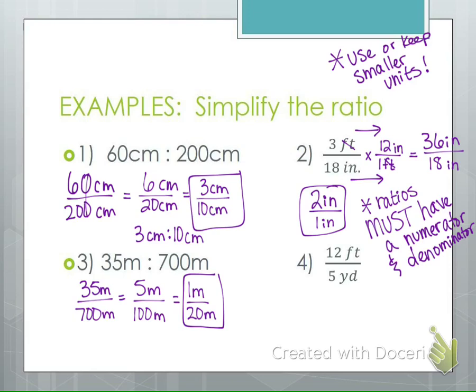Questions, concerns, warm fuzzy feelings, cold prickly feelings, void of all emotion still. Some of us are. Bella, what's up? So if the original question is with a colon and then you use a fraction to figure it out and solve it, does your final answer have to be converted back into a fraction?